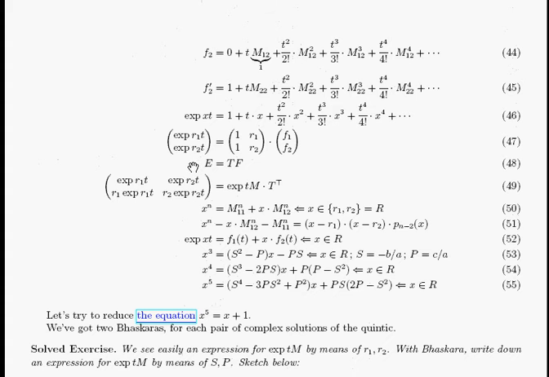And the matrix we want is the exponential of tM times the transpose of T, with rows 1 R1, 1 R2. And we can't solve it without knowing R1 and R2.